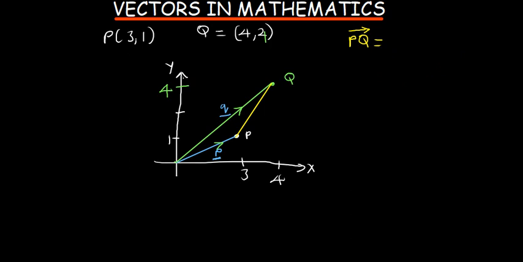The first thing that we are going to do for us to move from P to Q is we are first going to move from P to O, and then we are going to move from O to Q. That's how we are going to go because we know this distance and we also know this distance. When you are talking about vectors, all you do is you take the route that you know. So for us to move from P to Q, we'll first go in this direction because that's where we know the road.